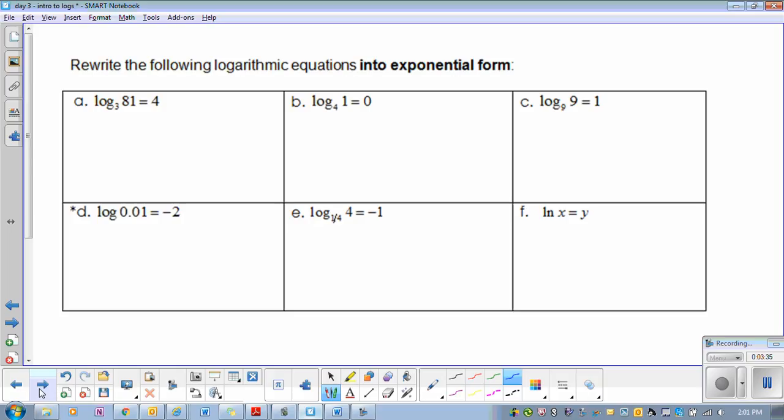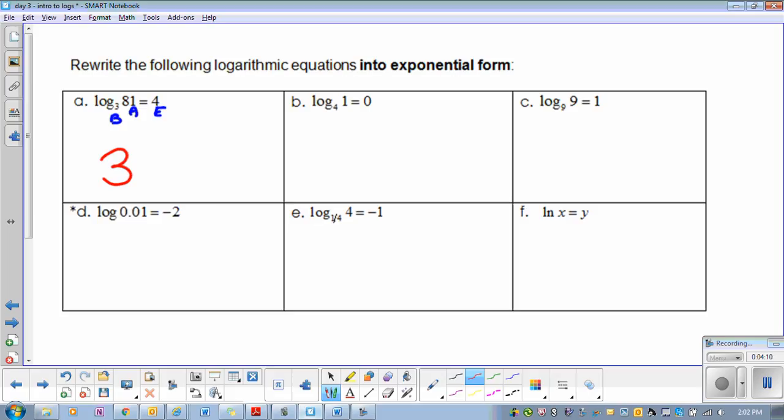For A, I see log, so that tells me B-A-E. What is your base? 3.